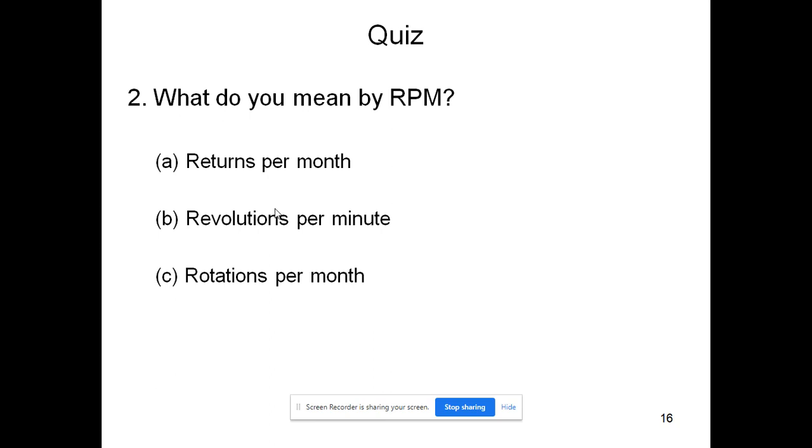C. Rotations per month. D. None. Here RPM means revolutions per minute. So the answer is option B.